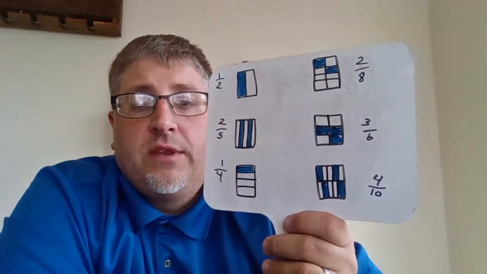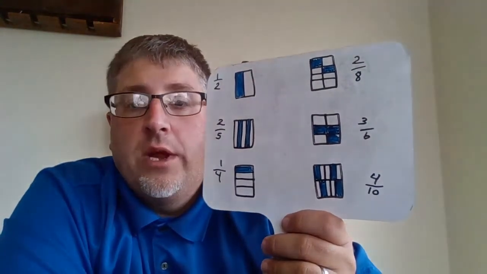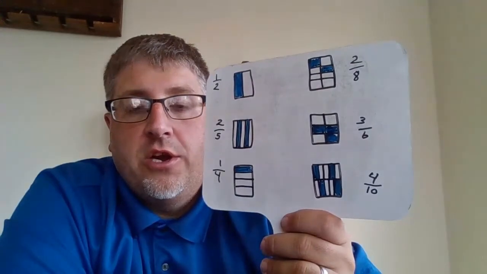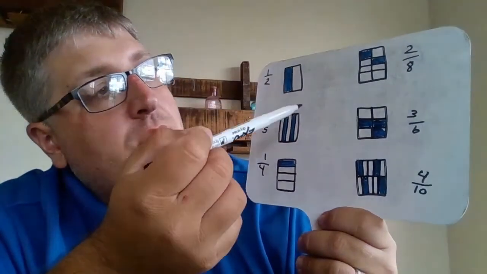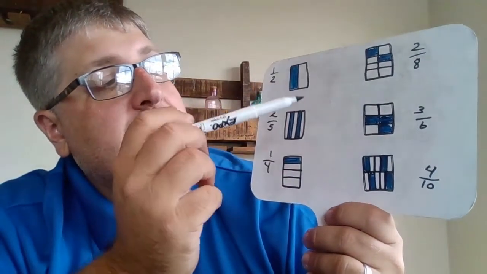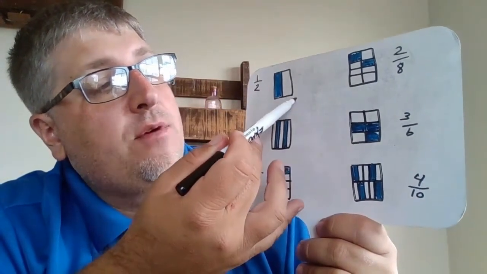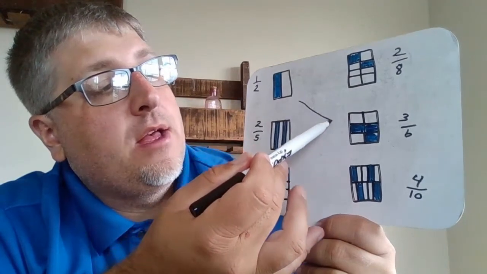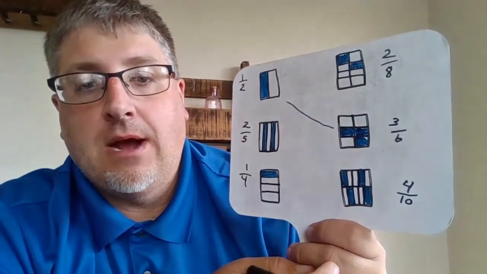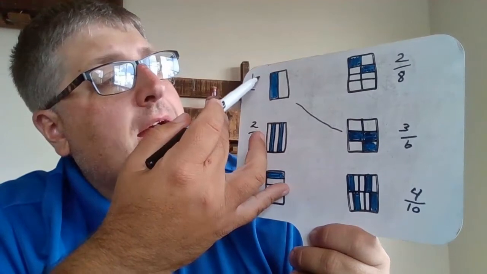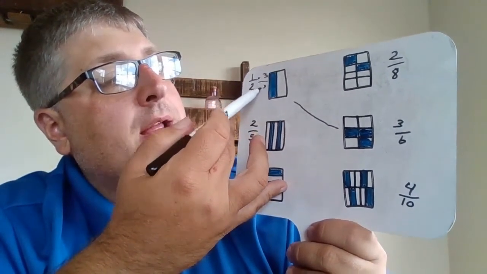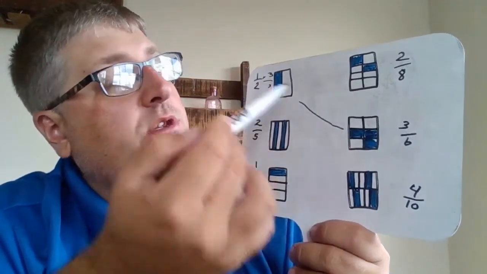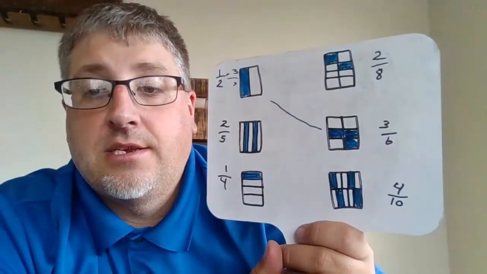Okay? So these fractions match up. We have to find which matches with which here. Okay? So we have a half here. And to go with a half, we would say that this half would match up with the 3/6. Now, how did I come up with that? I know that if I was to multiply the top and bottom by 3, 3 times 1 is 3, 2 times 3 is 6.